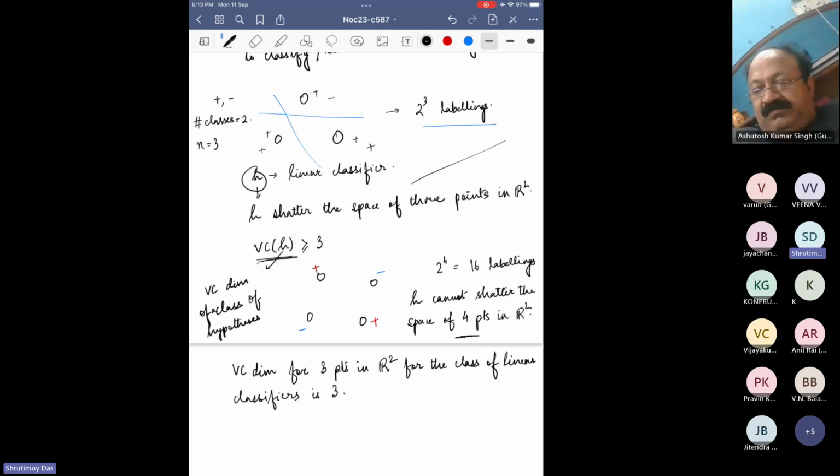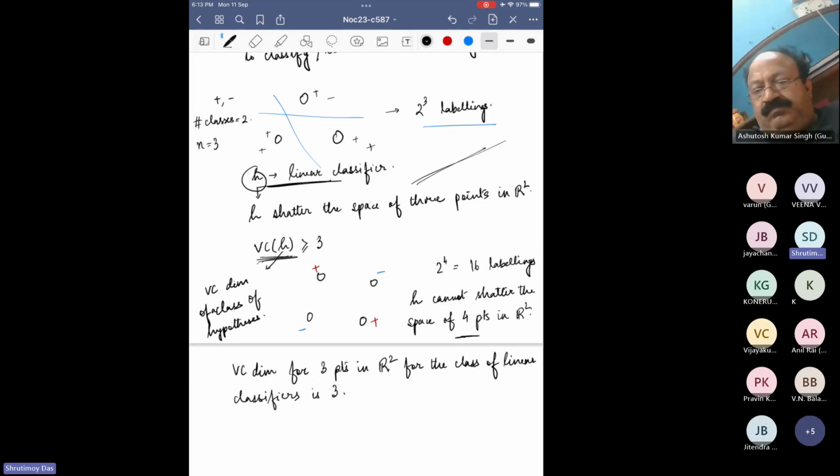Here we're considering the class of hypotheses to be linear classifiers. If you are only considering linear decision boundaries, the VC dimension of that is 3. So that is what we mean by H.